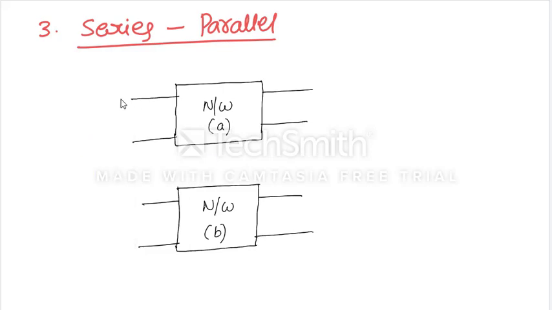So I can say, if I say this voltage is V1A and this current is I1A, this voltage is V2A and this current is I2A, and this current is what? I1B.